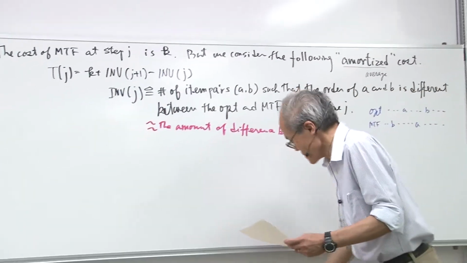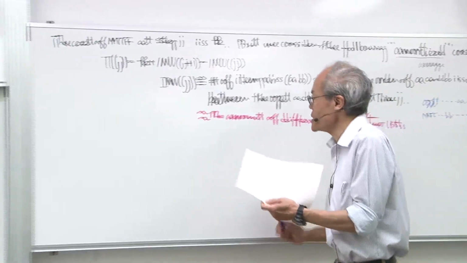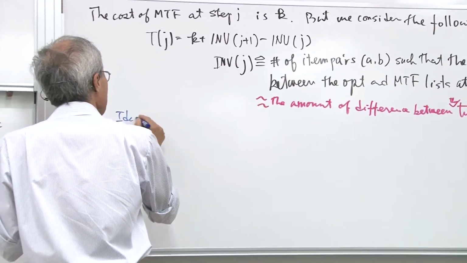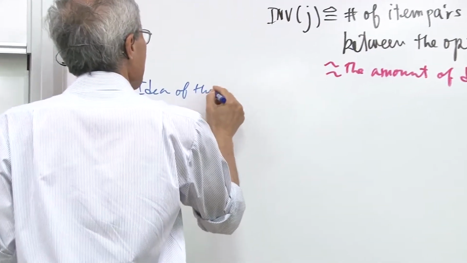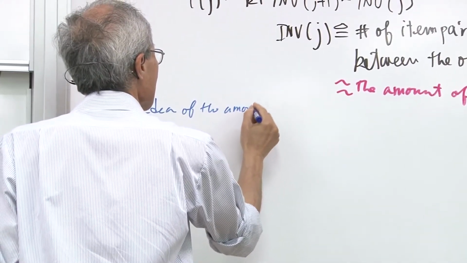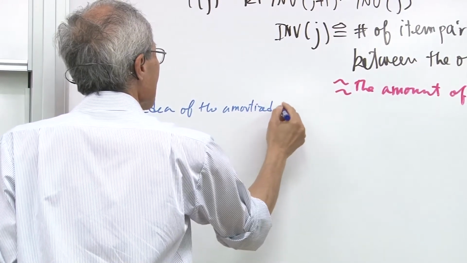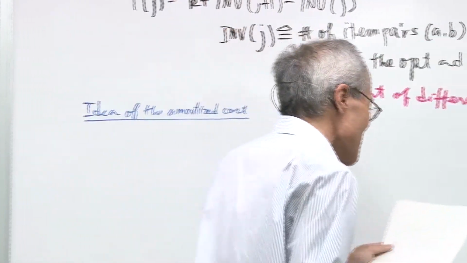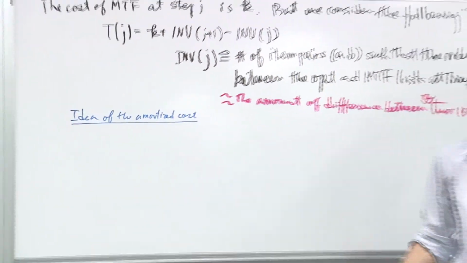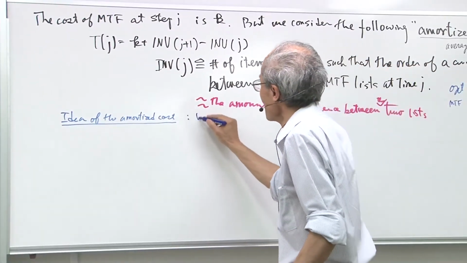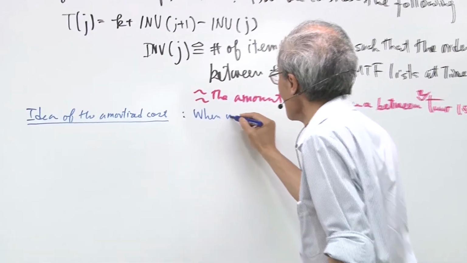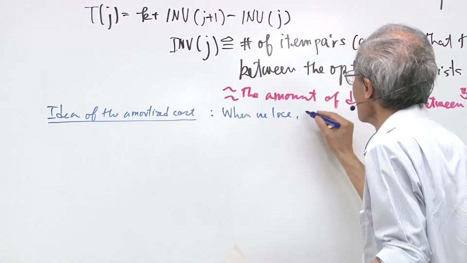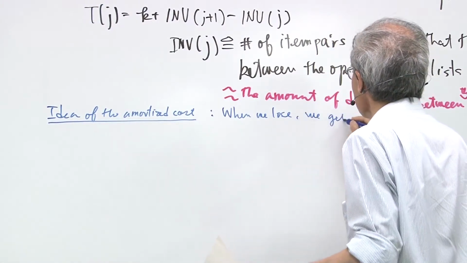So the idea of the amortized cost is: when we lose, we get something.